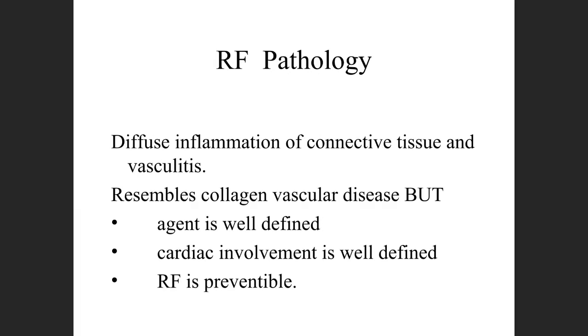The pathology involves diffuse inflammation of connective tissue and vasculitis and resembles collagen vascular disease, but the agent is well defined, unlike the collagen vascular diseases. The heart involvement is also well defined, and rheumatic fever is preventable by appropriate treatment of strep infections, unlike the collagen vascular diseases.